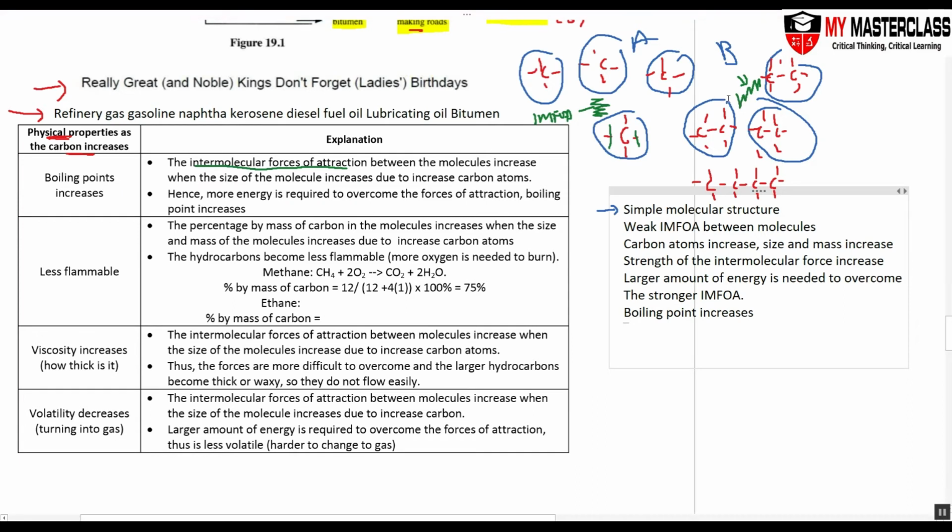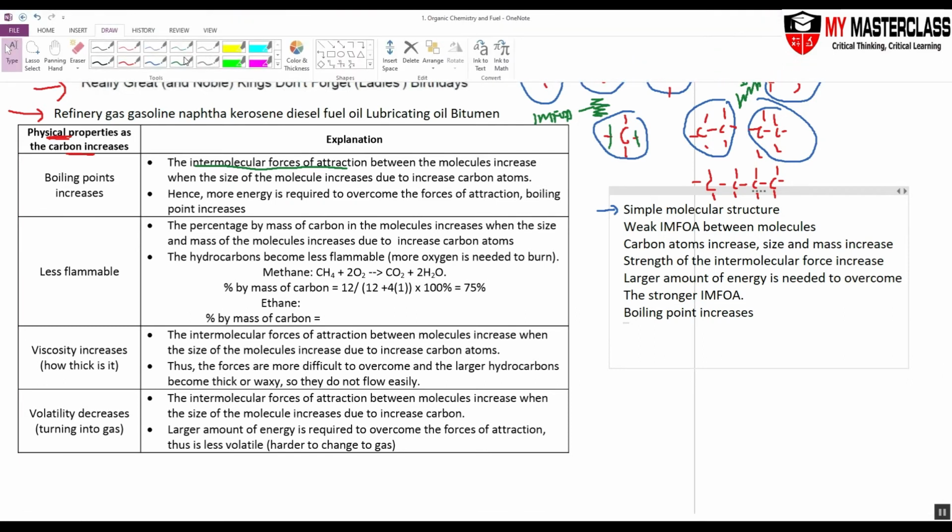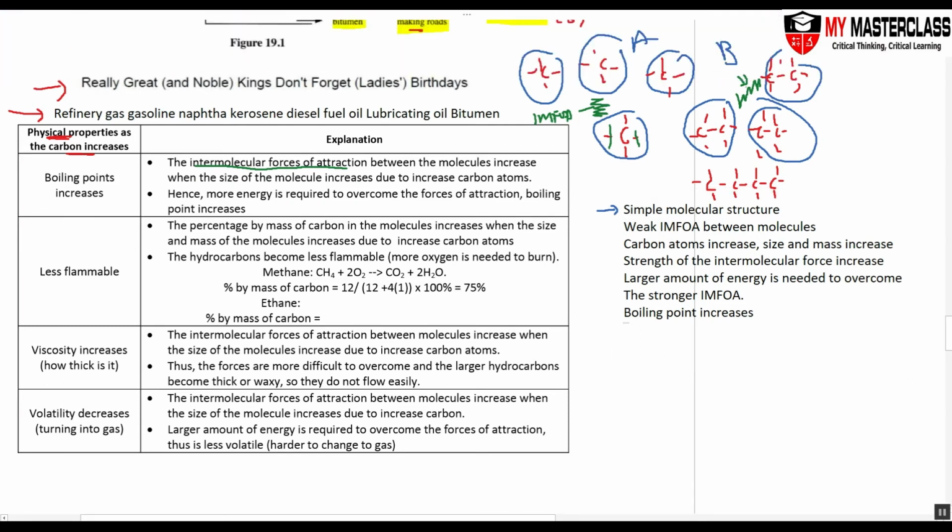Right, so as I was saying, when your molecule size and mass increase because the number of carbon increases, the IMF becomes stronger. It's like a magnet, it becomes stronger. So to overcome this IMF, I need more energy, or a large amount of energy. Right? So the boiling point will increase.